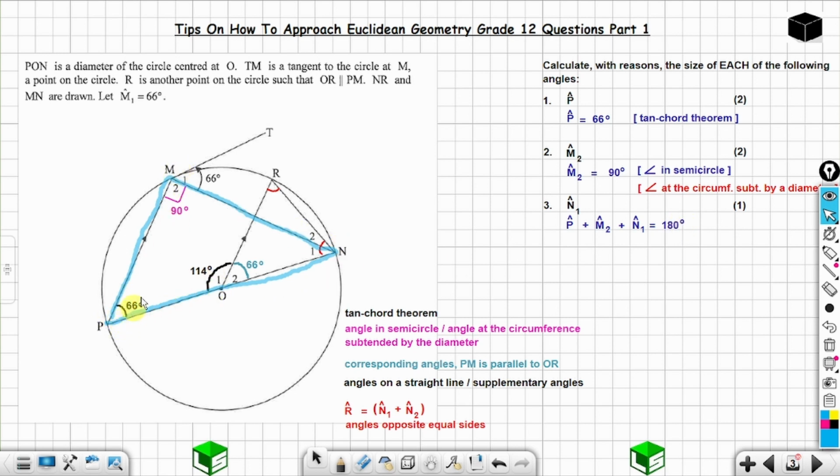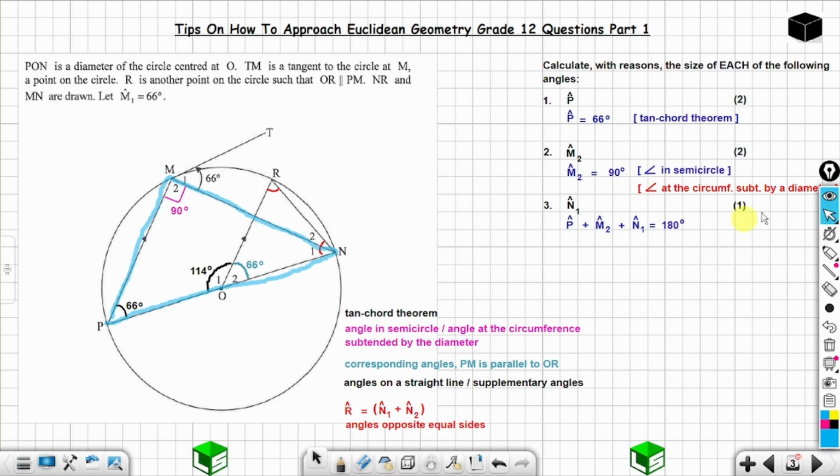The sum of interior angles is equal to 180 degrees for a triangle. So P is equal to 66, M2 is equal to 90 degrees, and we are looking for N1. We can find N1 easily.